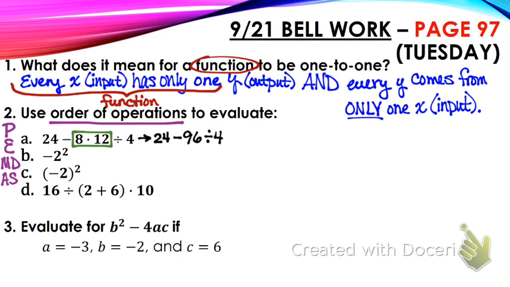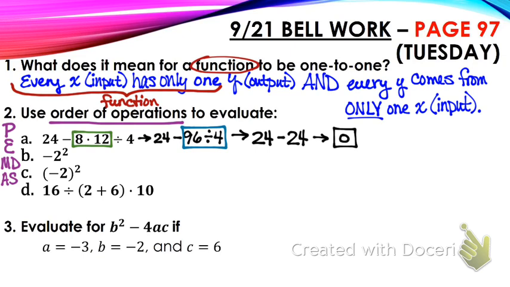Divide. We're going to divide 96 by 4. What is 96 divided by 4? 24. Then I get to the subtraction, and how does this evaluate? What is 24 minus 24? 0. This one evaluates to 0.